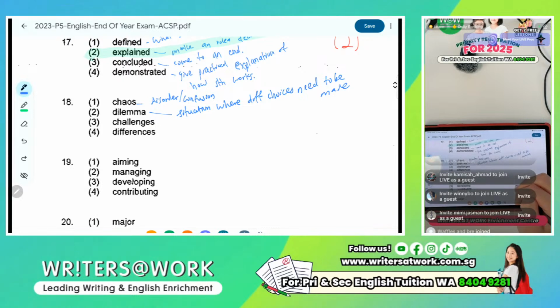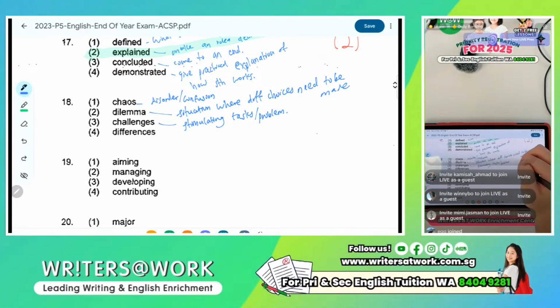Okay? Thirdly, we have challenges, which means that there are stimulating tasks or problems. Basically, this means that something is very difficult to do. Okay? Lastly, we have differences, which means dissimilar objects. All right?